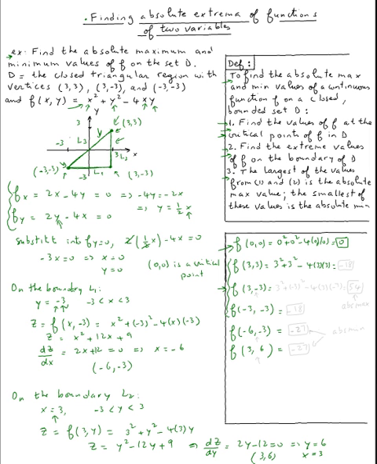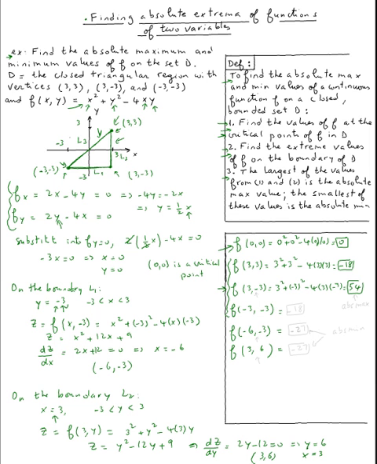And that's 18 minus 36, which is negative 18. f of (3, -3) will be 3 squared plus negative 3 squared minus 4 times 3 times negative 3. And that's supposed to be 54.